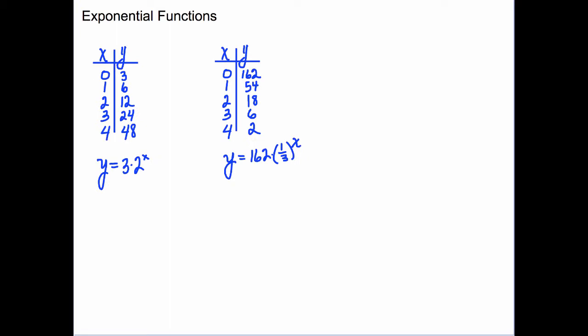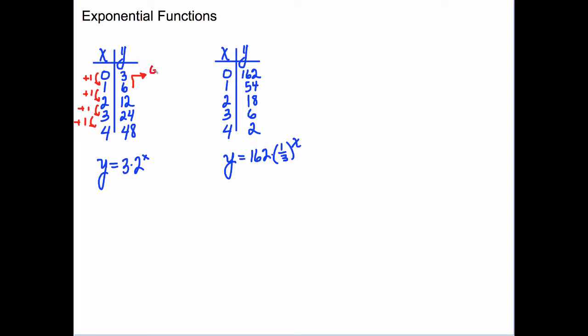Now, given a table, here's how you tell whether the table represents an exponential function. First, you can look at the x column and see that they each go up by 1. When that happens, you can look at the y column, and you use a hockey stick configuration, but you want to look at ratios now.